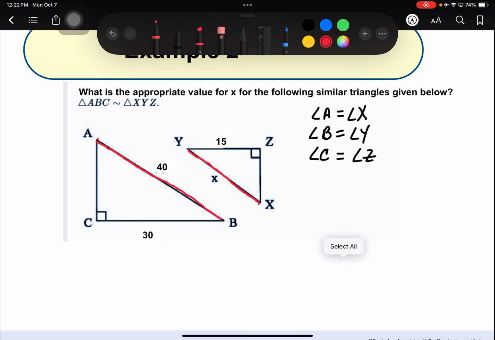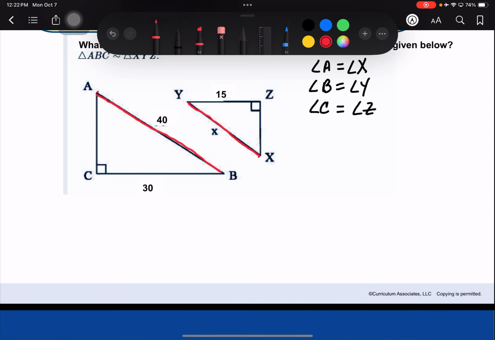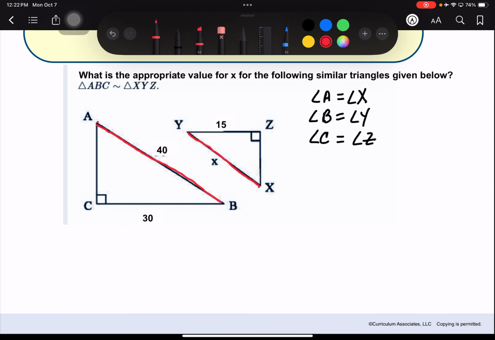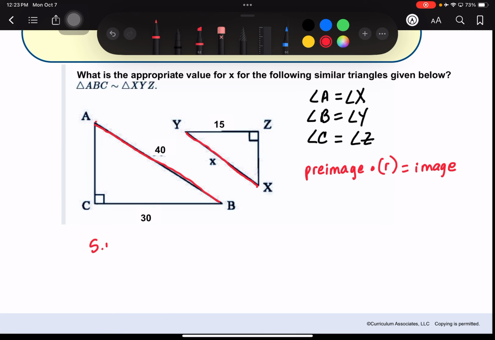Now I have to do corresponding sides. To find the value of x, remember, it's my pre-image times the scale factor equals my image. So I have to find the scale factor first.